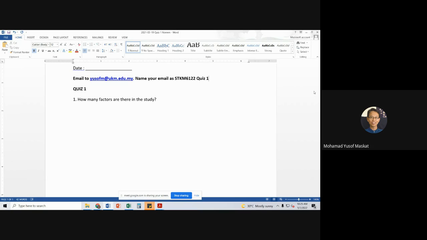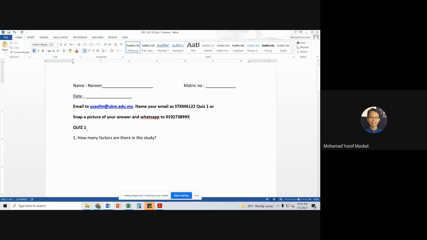Or you can just snap a picture of your answer and WhatsApp to 01927389995. Make sure that you have your name, metric number, and the name of quiz.